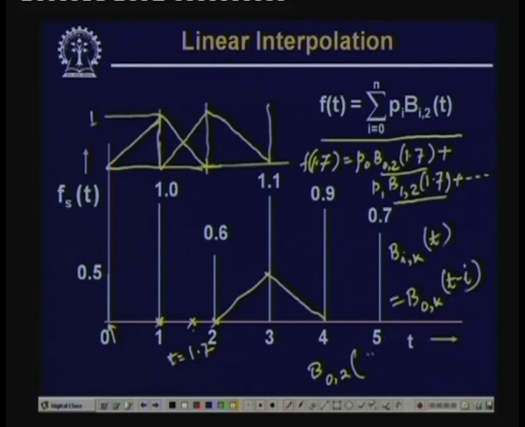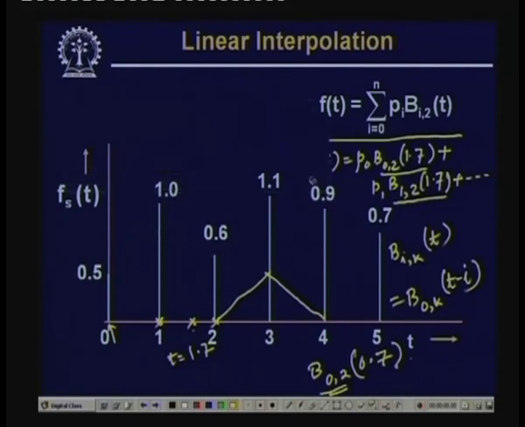So, this will be b 0 to 0.7. So, if I simply calculate the value of b 0 2 for different values of t, I can estimate what will be b 0 to 1.7. And in that case, the value at this location, that is f 1.7, will be given by, if I simply calculate this.